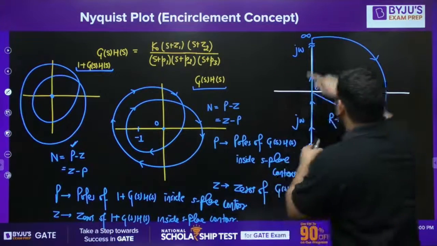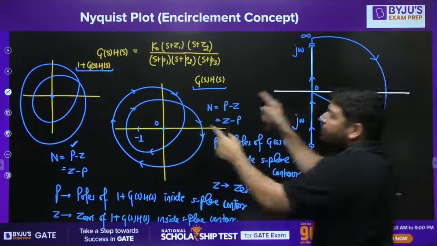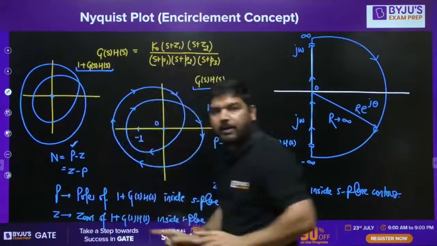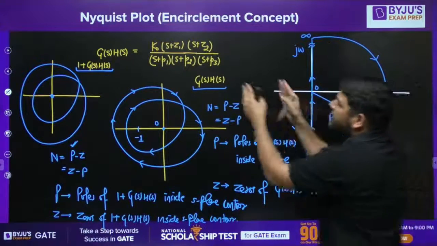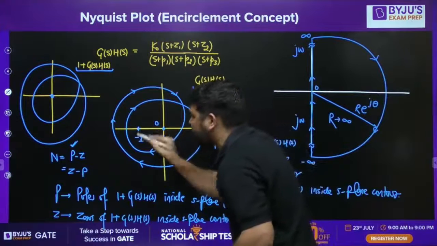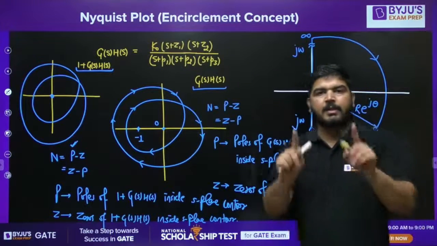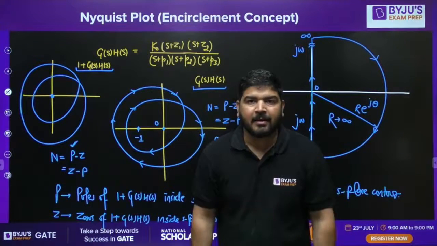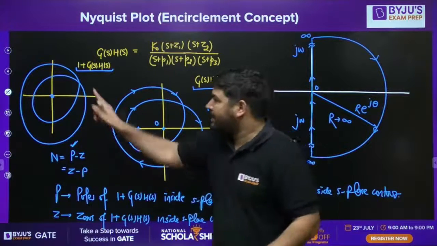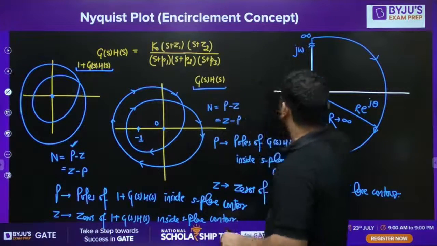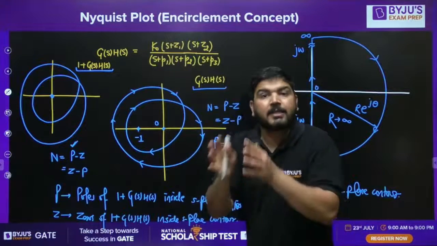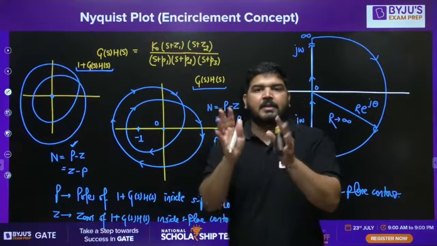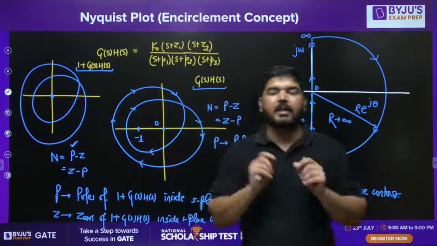Either you map this S-plane contour into 1 plus G(s)H(s) and look at the encirclement of the origin, or you map this S-plane contour into G(s)H(s) and look at the encirclement of -1. You are doing the same thing. These two processes are the same. I hope it is clear.